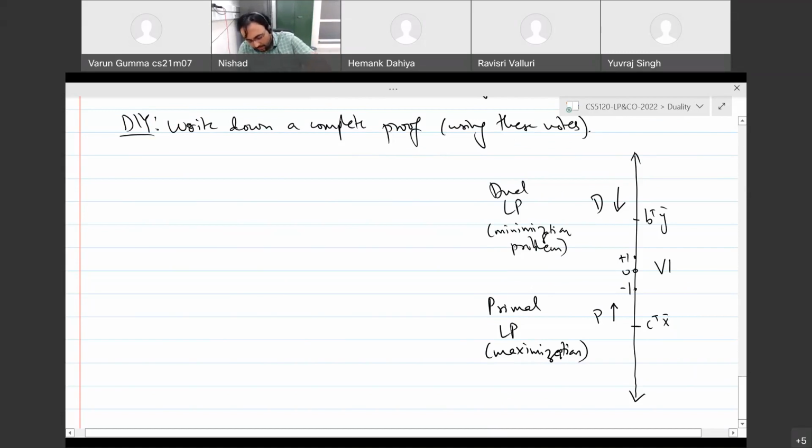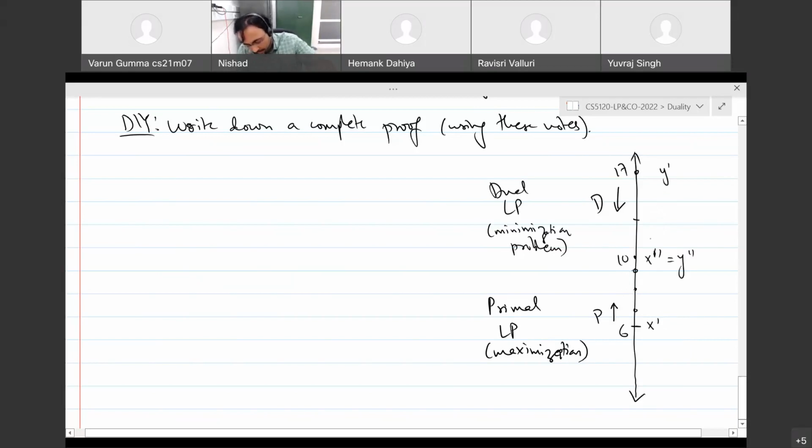So in our example, we actually found 6, 10, and 17, right? So let me erase this. Let's say 6 is here, 10 is here, and 17 is here. In our example, we found feasible solutions x bar, x prime, and x double prime, and we also found a y prime and a y double prime.